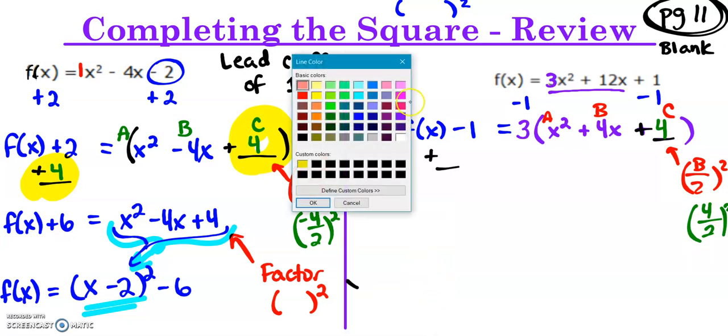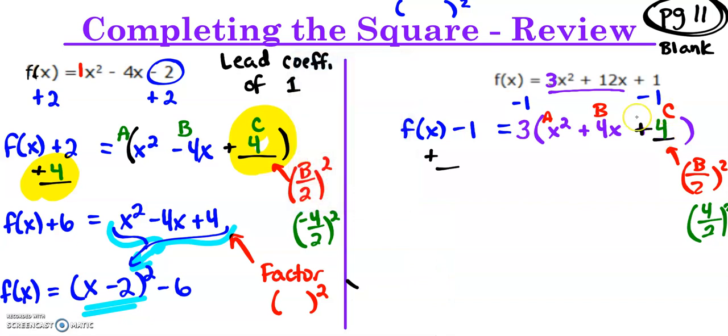Here's the big change. I'm going to get a different color. We added 4 inside the parentheses, but really what we added was 12, okay? 3 times 4. So just maybe a note, if the lead coefficient is greater than 1 or negative 1, the first thing you need to do is factor it out.